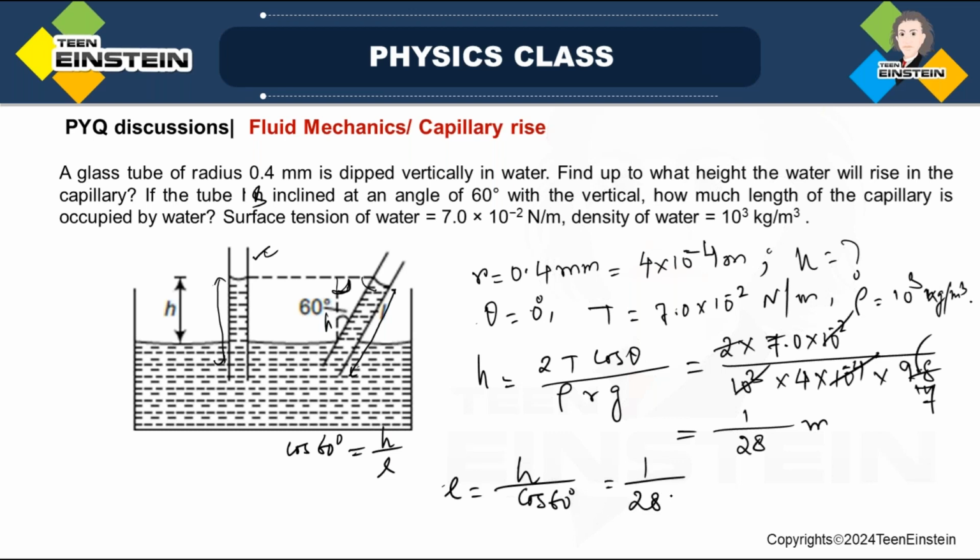Okay, cos 60 degree means half, right? So that will go in the numerator. So this is 2 by 28, so this is 1 over 14. This is in meter. But if we want to write in centimeter, then 100 by this. So 100 by 14.